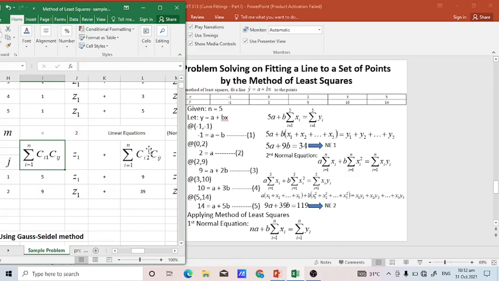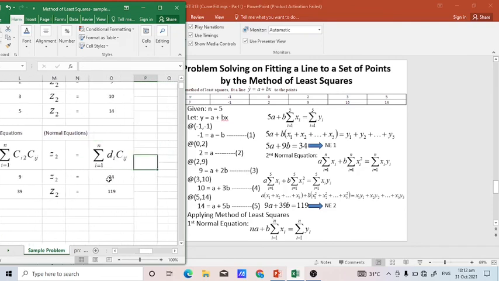So, kumbaga, general ito. Ito yung mga general notation. Kumbaga, applicable lang to pagka line ang pinag-uusapan. Kaya ito, kahit hindi line ang pinag-uusapan, ma-apply mo to. Yung mga yan. No?